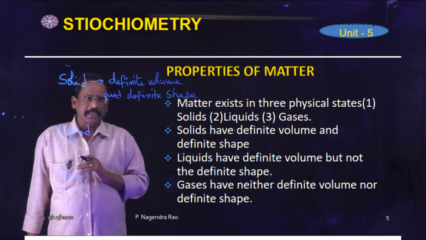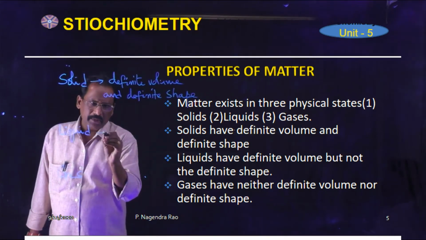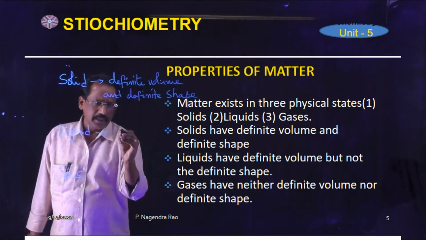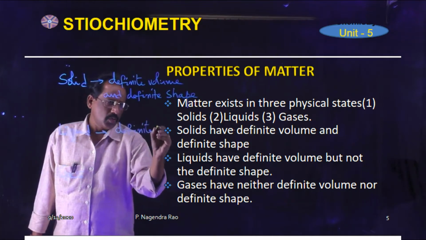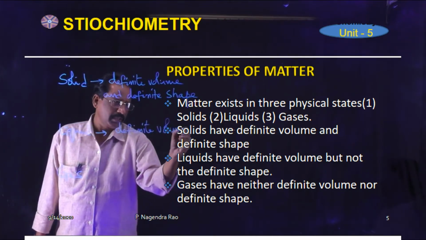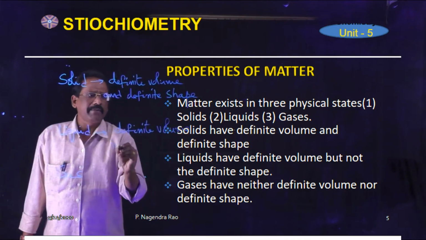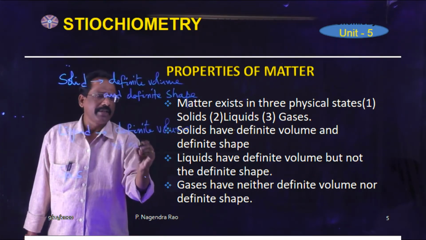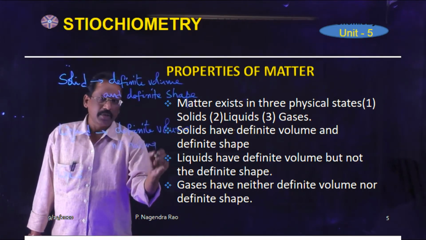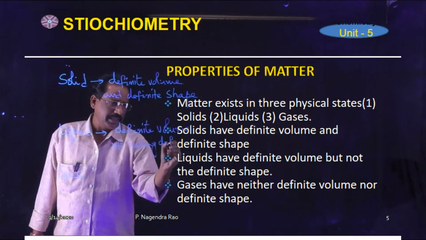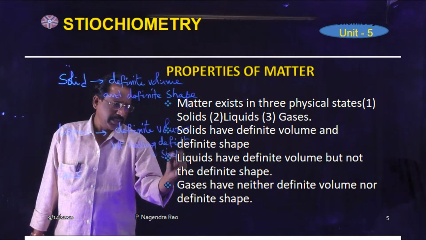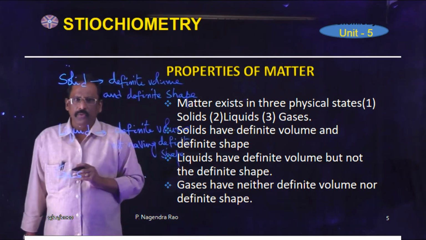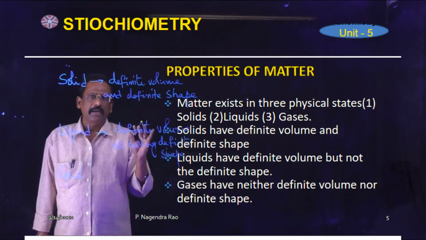And the liquids have a definite volume, but they do not have a definite shape, because the shape of the liquid is equal to the shape of the vessel or container.